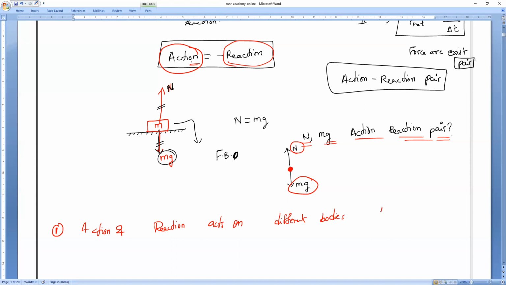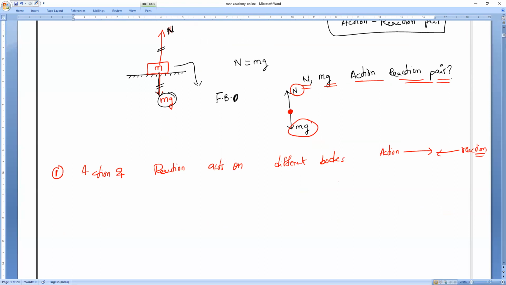Action must be shown by one body, and the reaction is shown by another body. Only then is it called Newton's third law. Do you all understand? That is what you have to remember. Action is shown by one body and reaction is shown by another body. That is what we call Newton's third law.